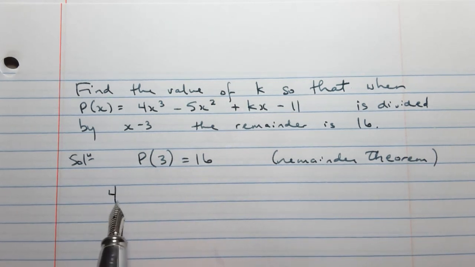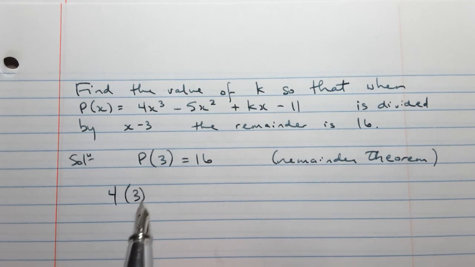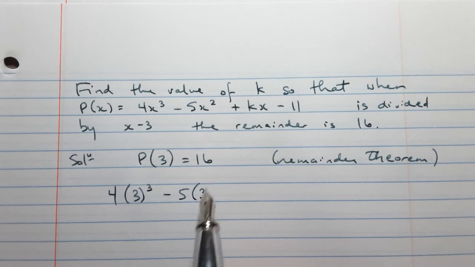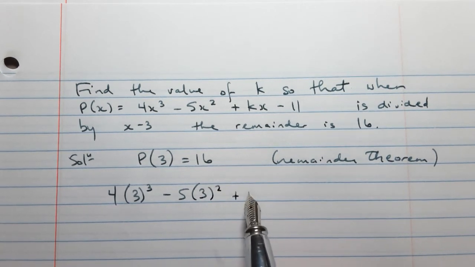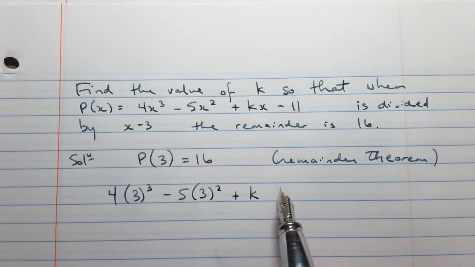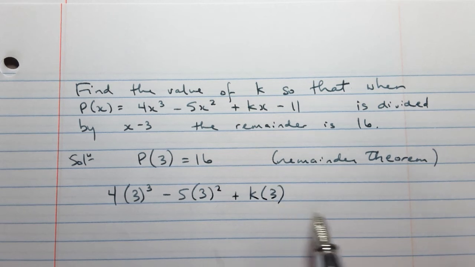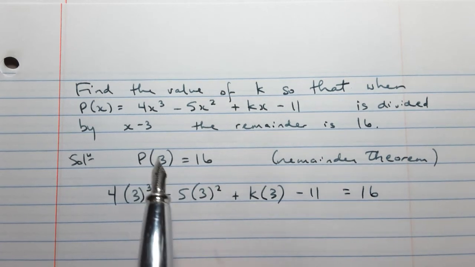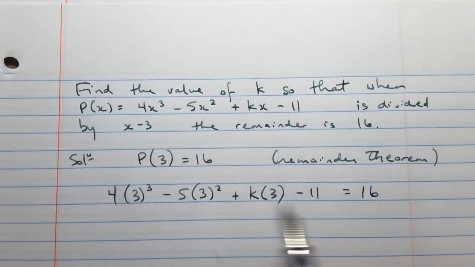So p at 3 is 4 times 3 cubed minus 5 times 3 squared plus, we don't know k, so we'll just write k, and then the 3 goes there, minus 11. Now this has to be equal to 16. That's the equation we've set up. P at 3 on the left equals 16 on the right.